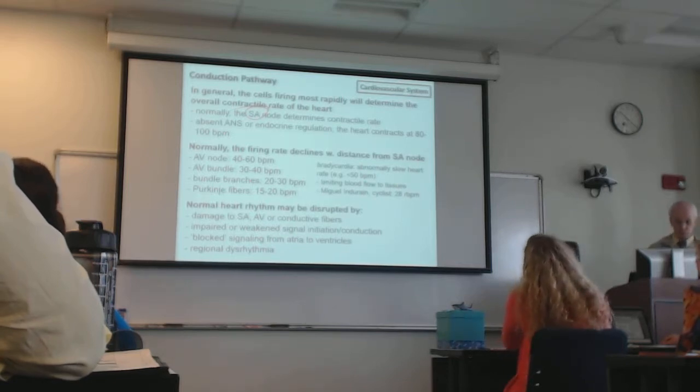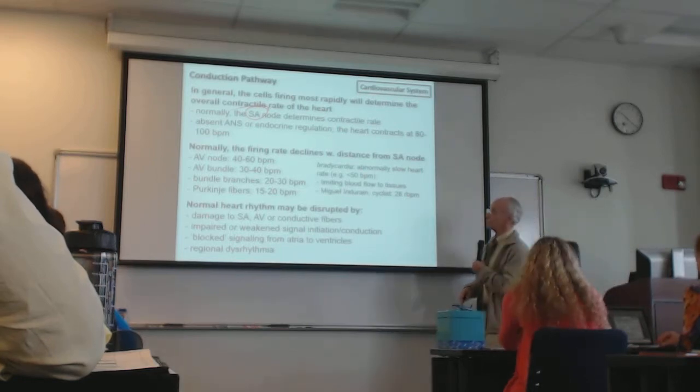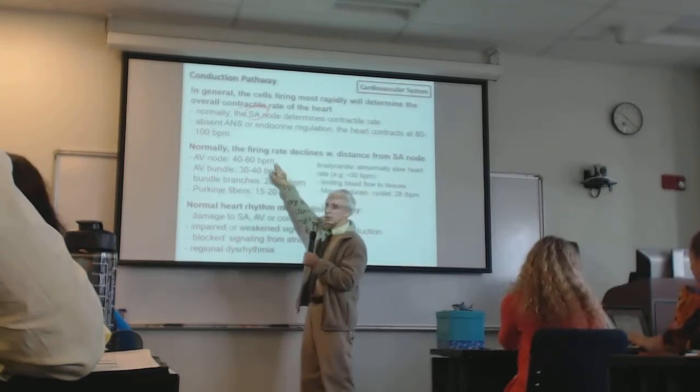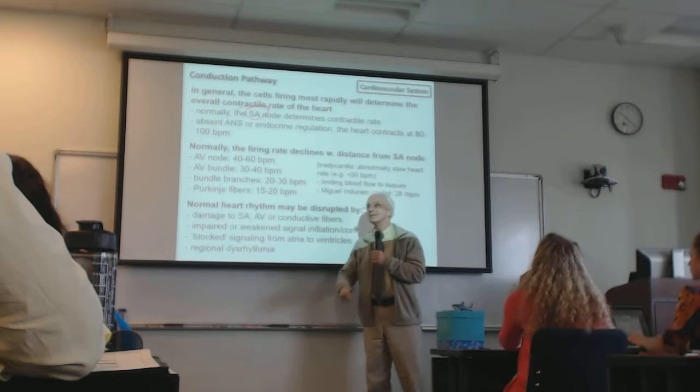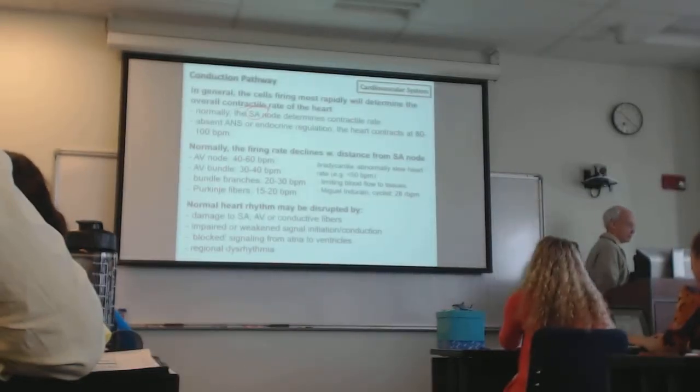And then, if for whatever reason the SA node is not able to perform its function as the master timekeeper, the AV node, or more specifically the AV junction, we won't get into that, will have a rhythm close to 40 to 60 beats per minute. The AV bundle around 30 to 40.